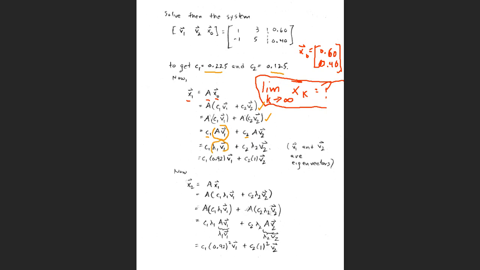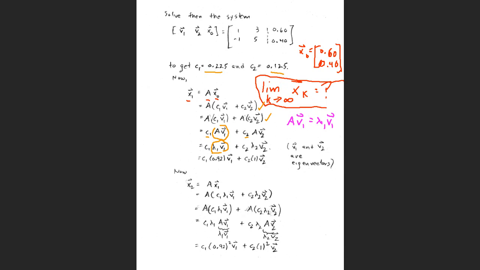Why is that? Why is A times V1 equal to lambda 1 times V1?